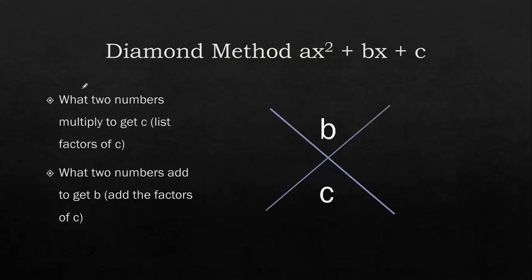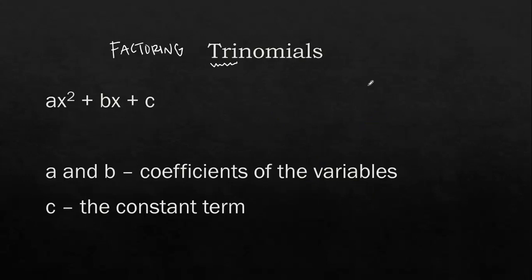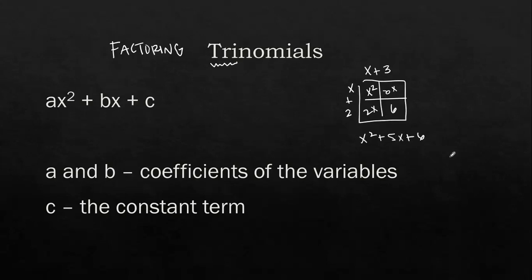You know how last week, or the week before that, we multiplied two binomials. For instance, x plus 3 times x plus 2. Remember this box method? X squared, 3x, 2x, and 6. And that gave us x squared plus 5x plus 6. So we multiplied two binomials and it gave us a trinomial. Now what we're doing is going backwards.